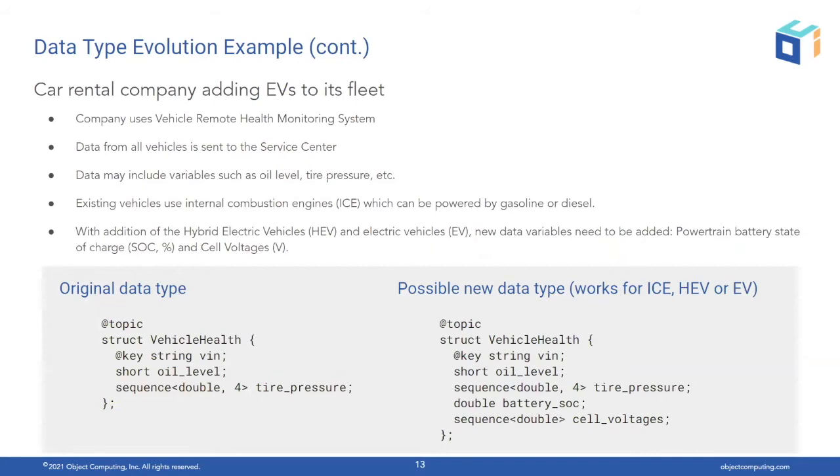The data may include variables such as oil level, tire pressure, etc. And with the addition of the hybrid and electric vehicles, some new data variables need to be added: state of charge of the battery and the cell voltages. XTypes allow adding publishers with new variables to their data structure on the existing topic without upgrading publishers on the existing vehicles.